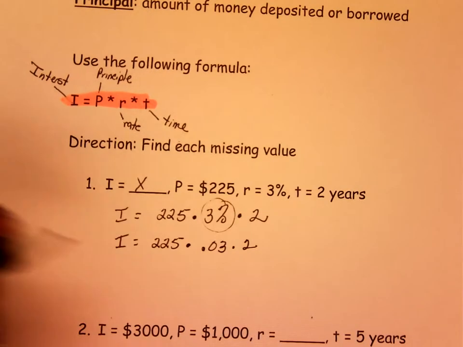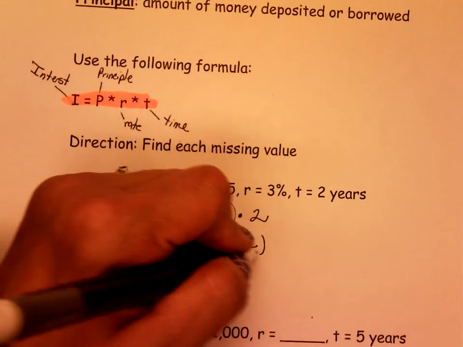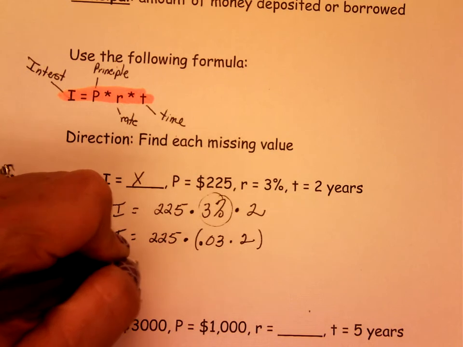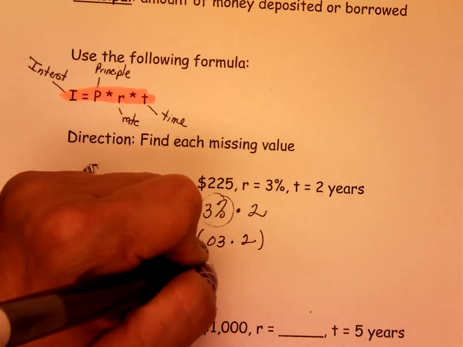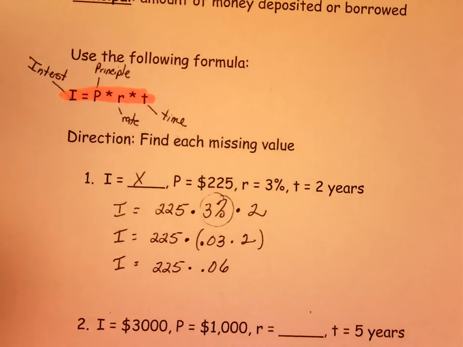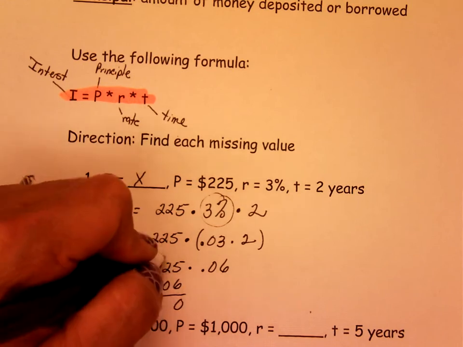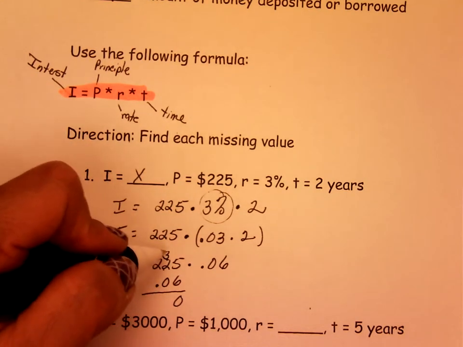Now here's the thing. You can multiply any of these in any order. I'm going to multiply this and this together because my answer is going to be I is equal to 225 times 0.06. Now I'm going to multiply this by 0.06. So that's 30, carry the 3. 6 times 2 is 12, 13, 14, 15.